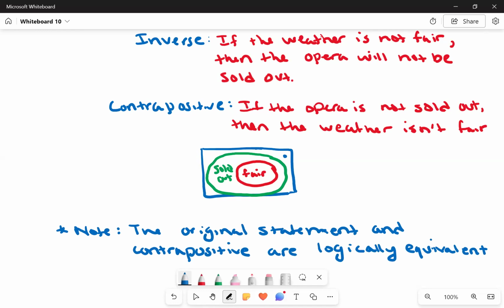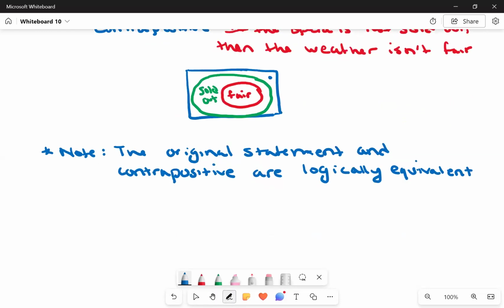Second note, number 2. If the converse is true, so if it happens to be that both the original statement and the converse are true, they call that a biconditional statement.